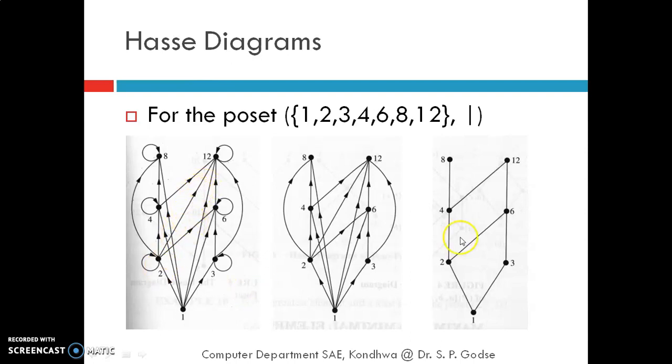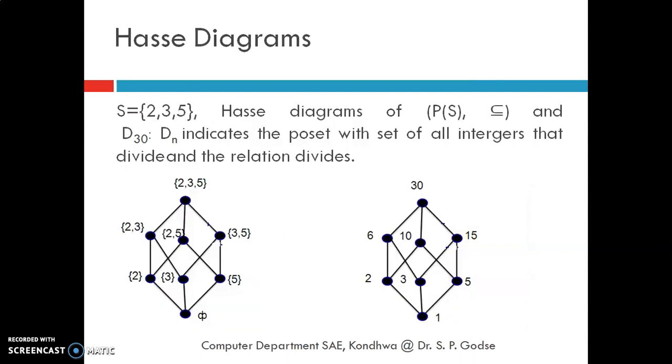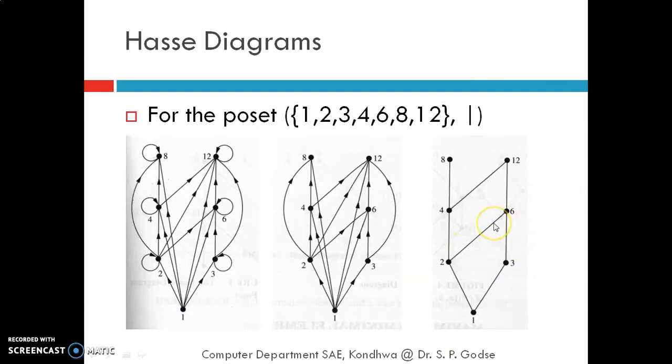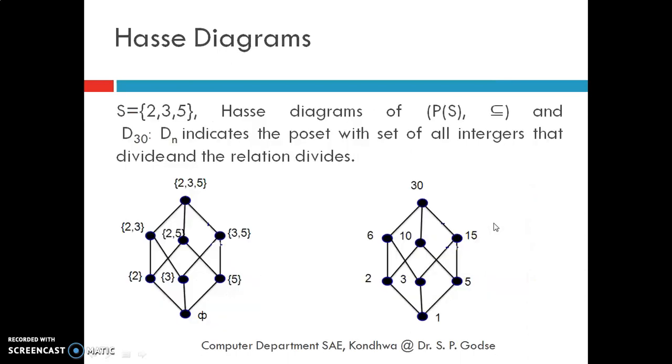All such edges do not appear in the last diagram. You can see 2 divides 4, 4 divides 12, but 2 divides 12 is not there. So the edges because of the transitivity property are removed, and this is the final output of applying the Hasse diagram steps.